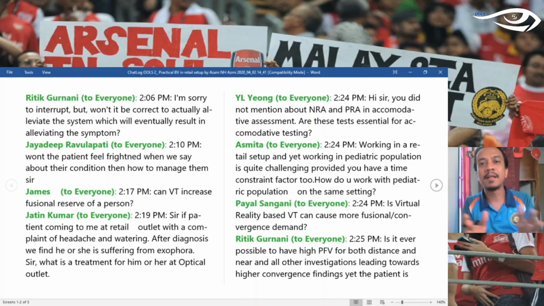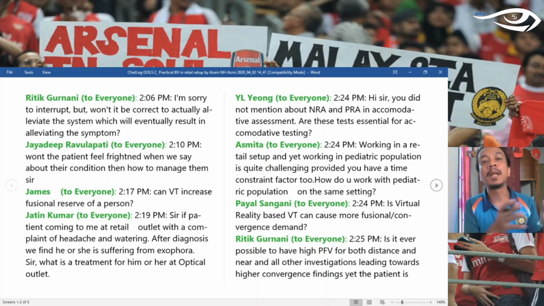So I will segregate it into several sessions. Maybe in the first session I will focus on the refractive error and visual acuity, and then in the second session I will be focusing on the eye alignment and vergence system as well as the accommodation system. And then, let's say in the third session, maybe I'll be focusing on the ocular health aspect of the kids.